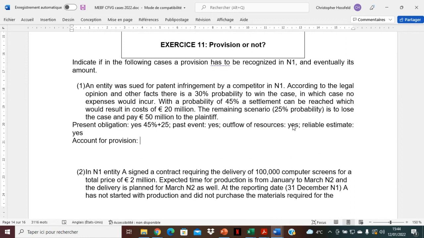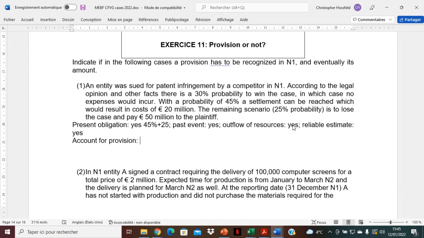What do you think? 25% of 50 million. Well, so you mean 50 million in both cases? Or why not 50 million? That would be the worst case scenario.